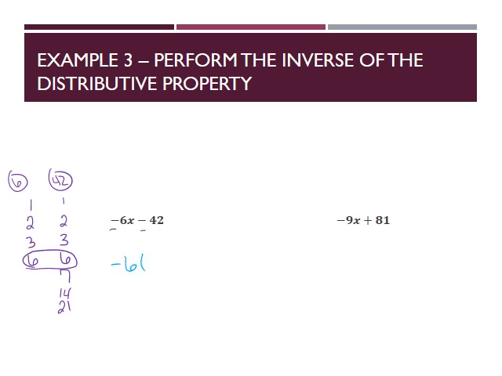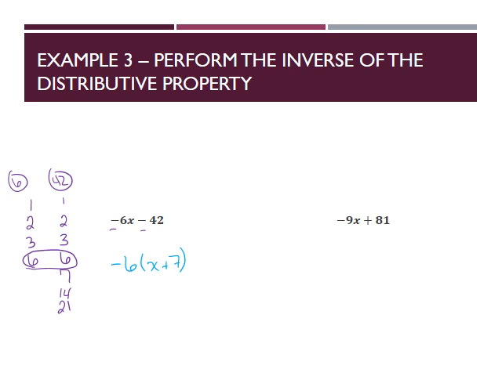And what I have left, negative 6x divided by 6, leaves me with just x. Negative 42 divided by negative 6 gives me a positive 7. And check that out. Negative 6 times x gives me a negative 6x, and negative 6 times 7 gives me a negative 42.